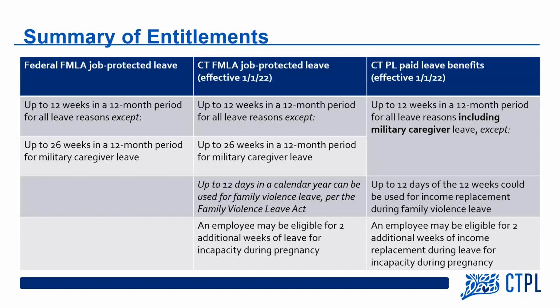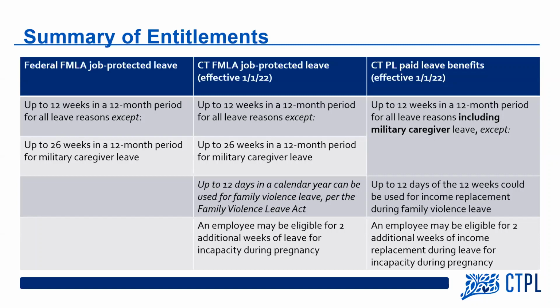Now, when we look at the summary of entitlements, so the length of leave or benefits available, under federal FMLA, there's up to 12 weeks in a 12-month period for all leave reasons, with the exception of military caregiver leave, which is 26 weeks. Under Connecticut FMLA, as it is now currently, the lengths of time reflect federal FMLA in most cases.